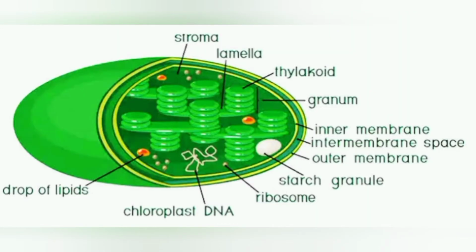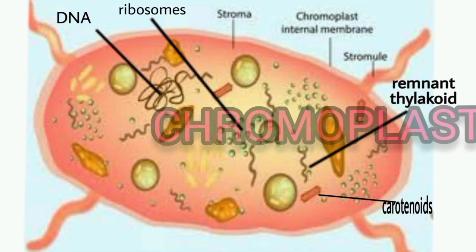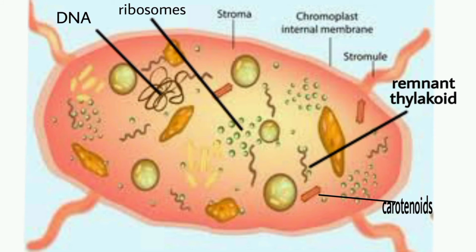Apart from the grana, the stroma also contains a variety of photosynthetic enzymes, starch grains, DNA and ribosomes. The main function of the chloroplast is to trap the solar energy and utilize it to manufacture food for the plant. And what do we call this process? It is called photosynthesis.